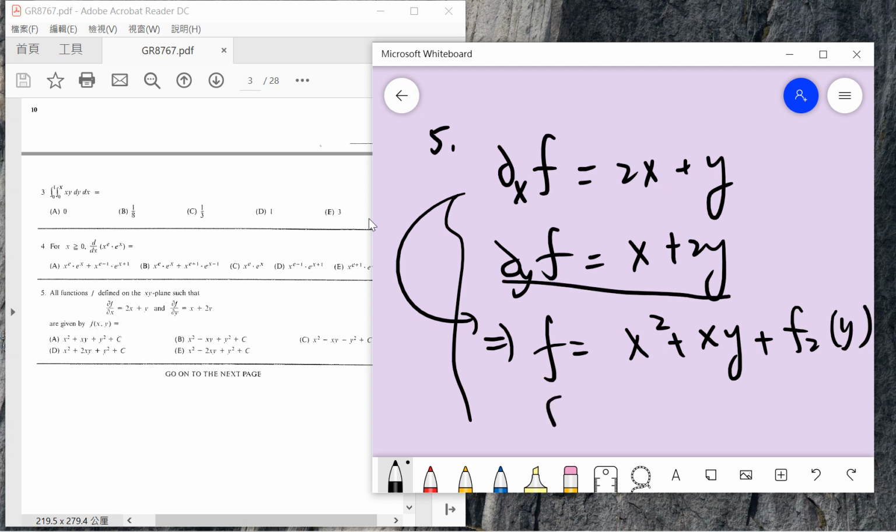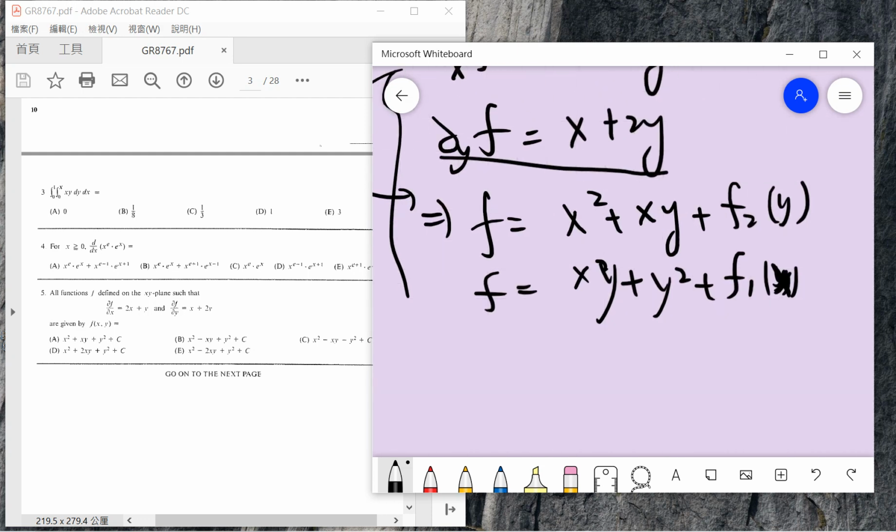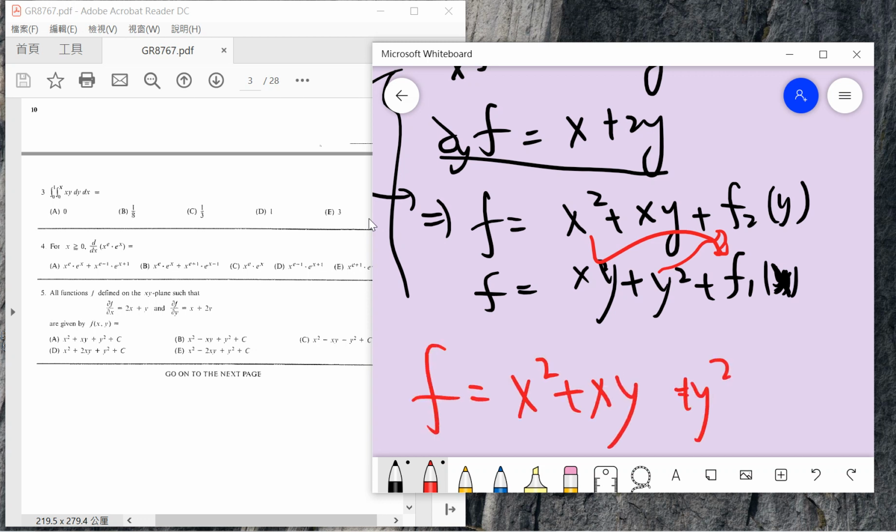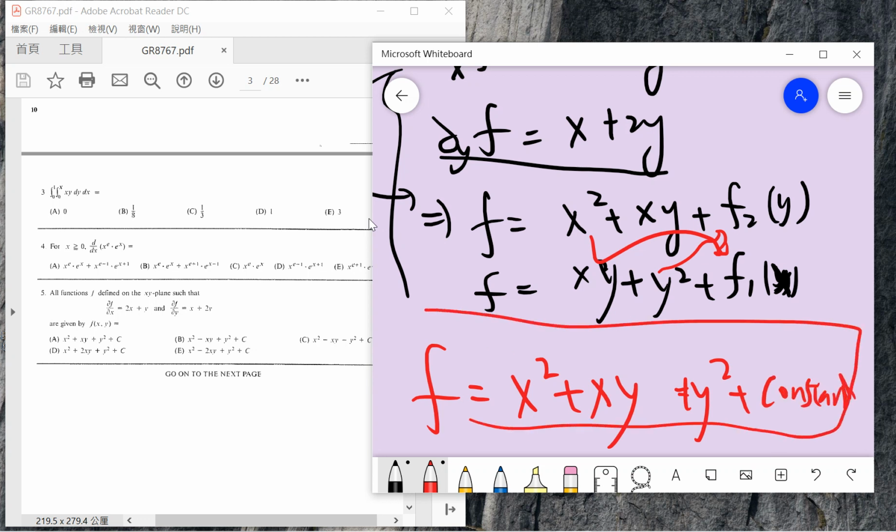And this is f equals x squared plus xy plus y squared plus some f1 of x. So combine together, f equals x squared plus xy plus y squared plus some constant. Choose A.